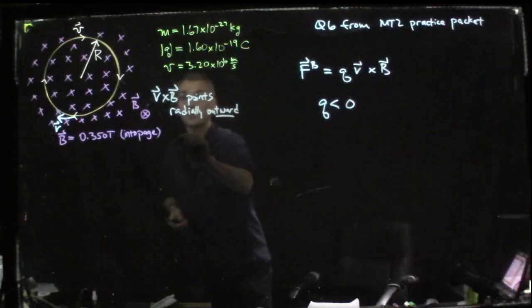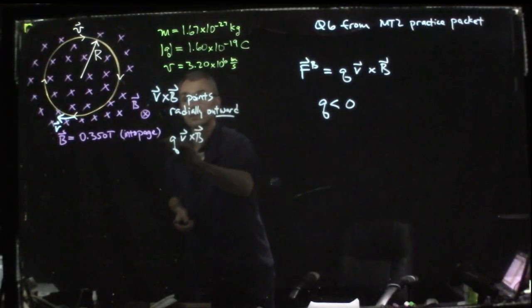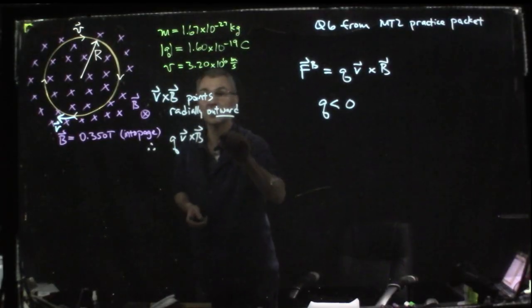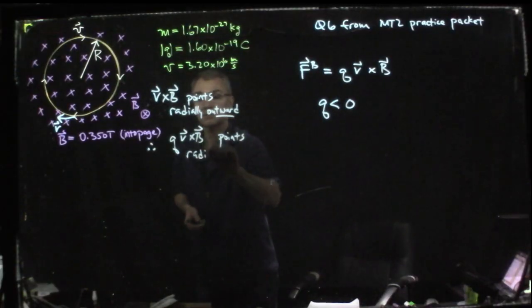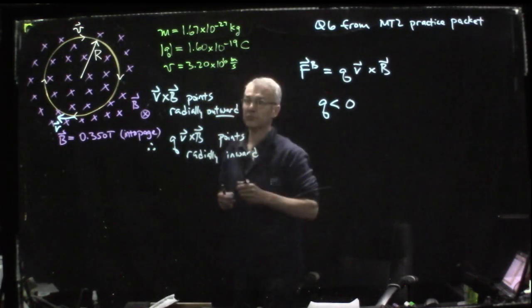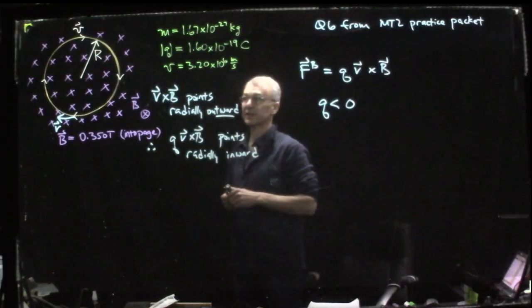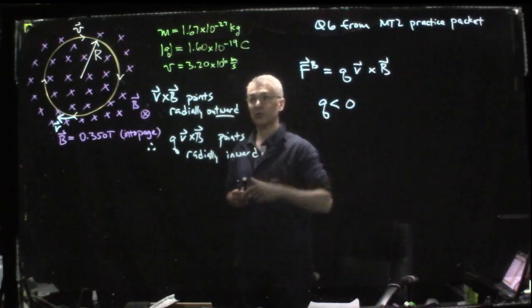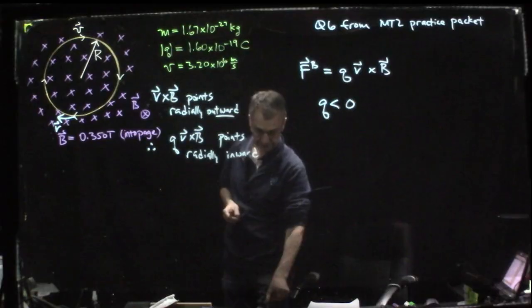Therefore Q V cross B points radially inward, which is what we want. We want a centripetal force toward the center to keep it going in that circular orbit. Okay, so Q must be negative.